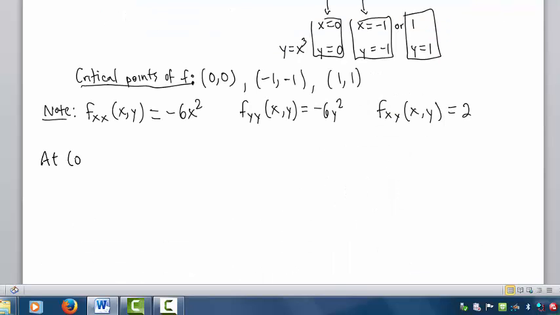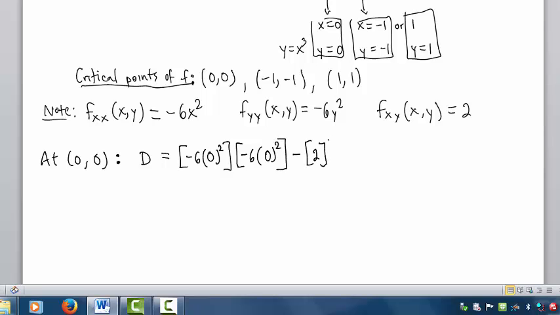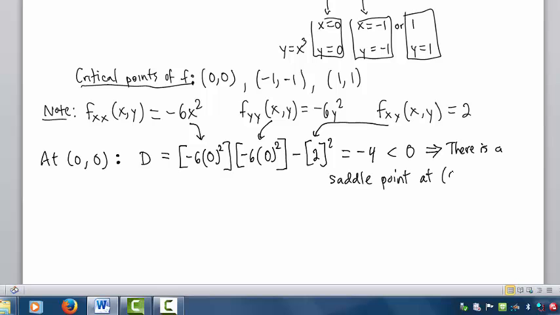At 0, 0, capital D, the determinator, equals this is -4, which is negative, implying that there is a saddle point at 0, 0.